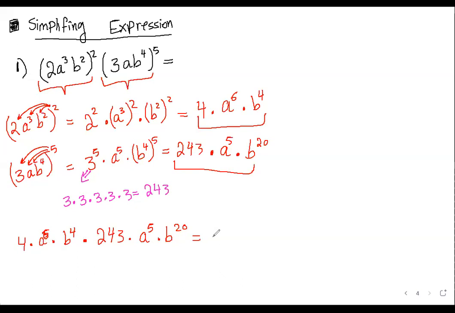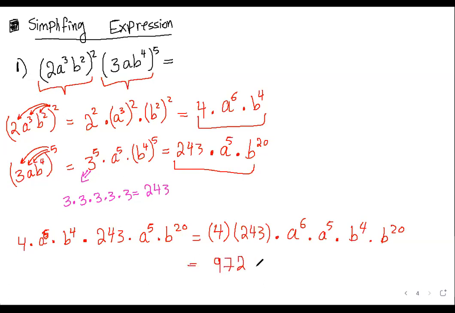How much? 972. So we multiply 4 with 243, and times a to the power 6 times a to the power 5, times b to the power 4 times b to the power 20.